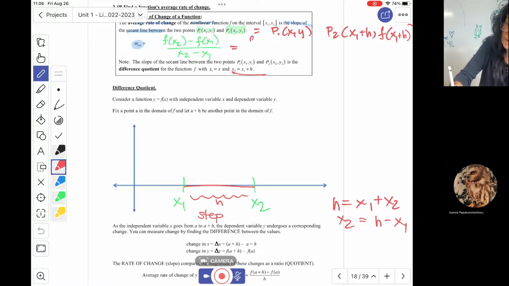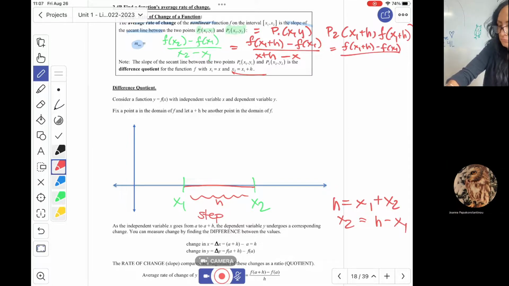So I could rewrite this as f of x1 plus h minus f of x1 over x1 plus h minus x1, which I could simplify the denominator to what? What is that denominator simplified to? Our change in x's, just h.